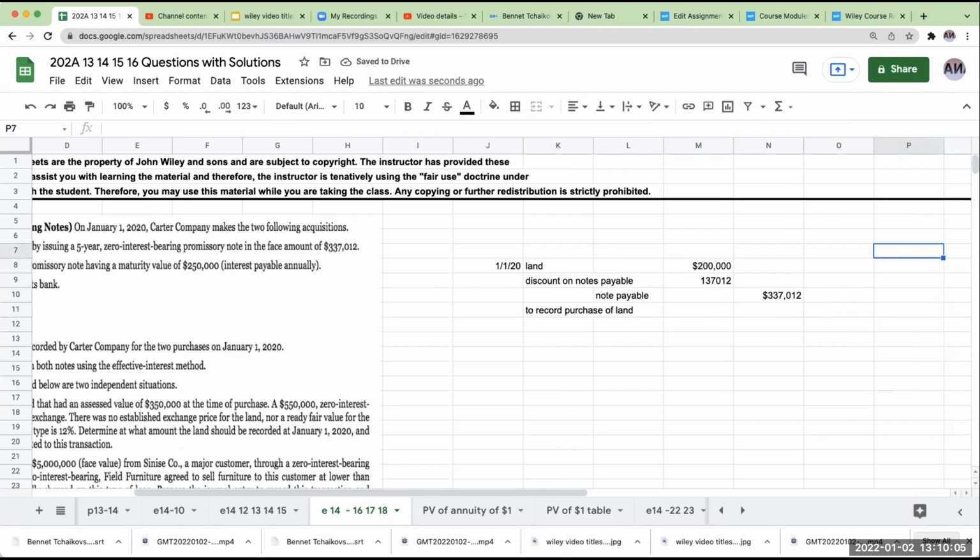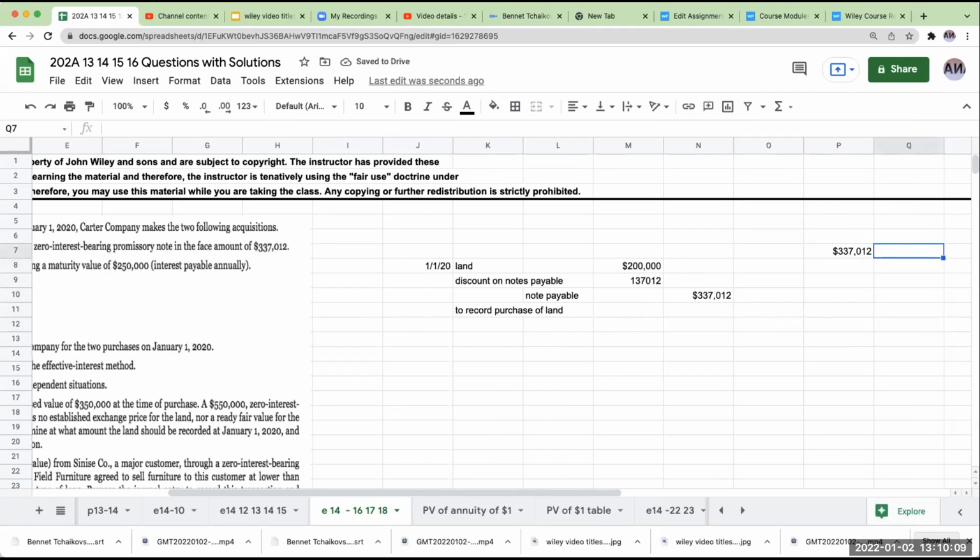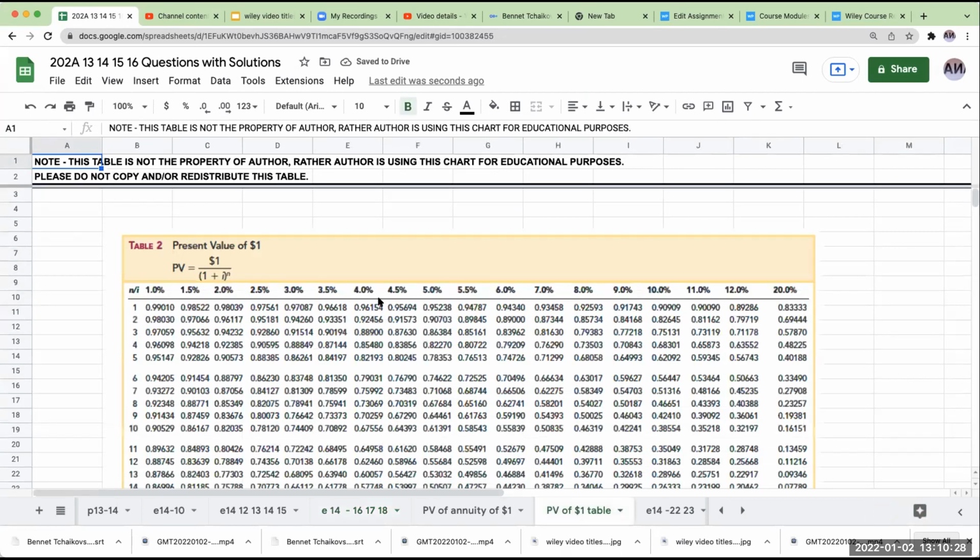If I take $337,012, which is the amount of the zero interest bearing promissory note, and use present value of $1 to bring this amount back into today, this is going to be 5 periods at 11%, right over here, which is 0.59345.